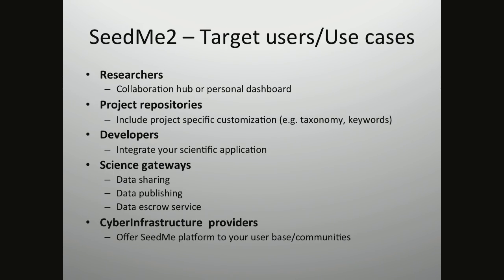We are also thinking that, and we already have some commitments from scientific applications who want to integrate this sort of functionality, like you see something like save to Dropbox. You can have similar functionality built into an app and say, hey, save to my website, whatever that website may be. And the idea there is once we provide these Python and Java clients, it's pretty easy to wrap them up.